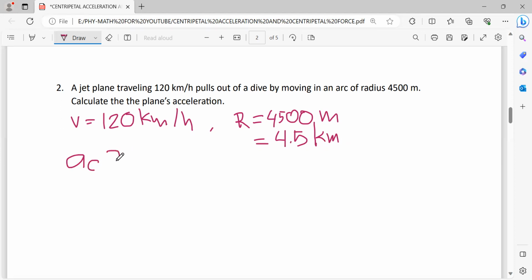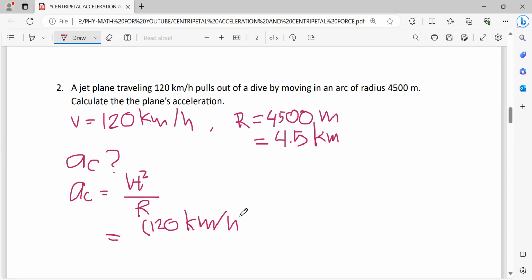Now we are going to calculate AC, or centripetal acceleration, Vt squared over R, which is 120 kilometers per hour, squared, over 4.5 km.